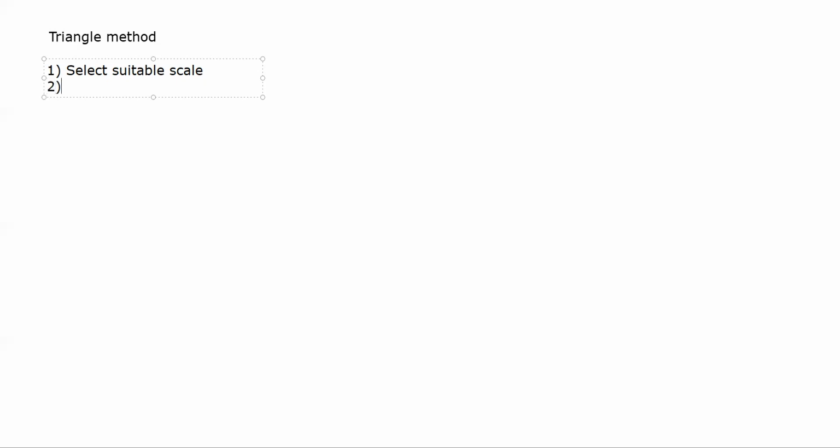So you draw the first vector, then draw the second vector from the head of the first vector.